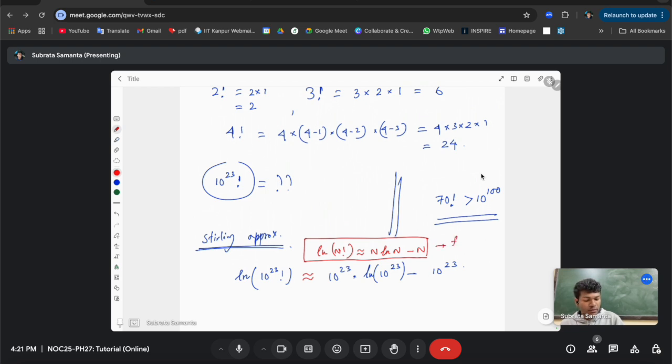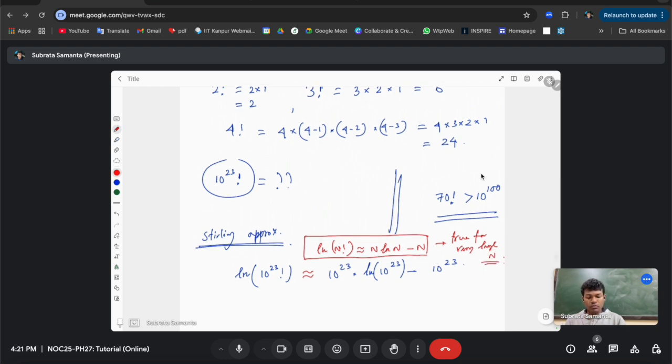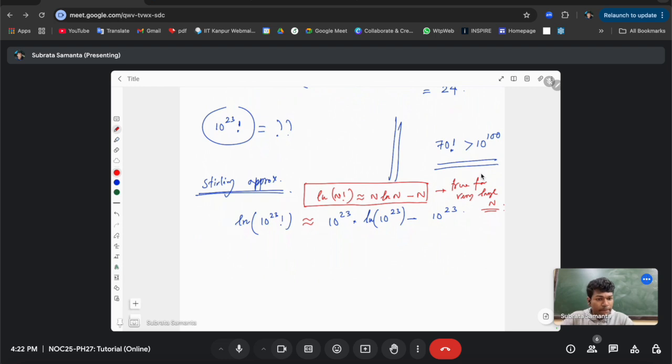This is true for very large n. In this case, we are considering n as 10 to the power 23, so you can use this. If we use this, it is now easy to compute. It equals 10 to the power 23 times ln of 10 to the power 23, where ln is the logarithm base e, minus 10 to the power 23.